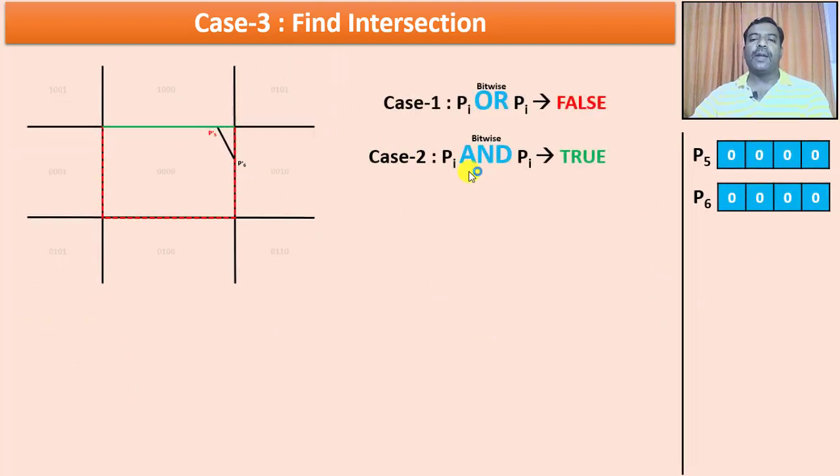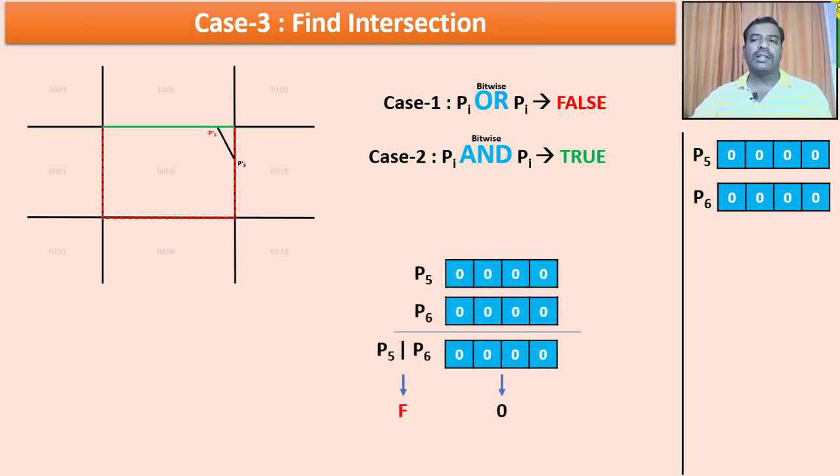And when I put it to the case 1, we are going to have P5 as 00, P6 as 00, and this as 0, and this is going to be false.